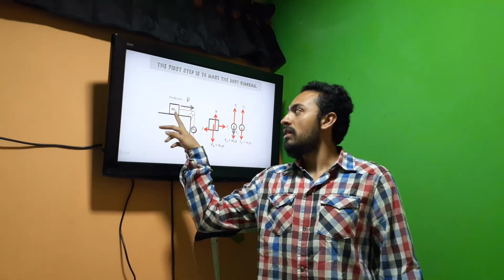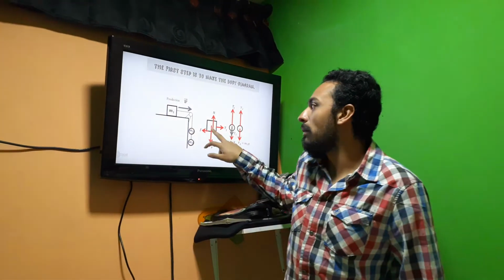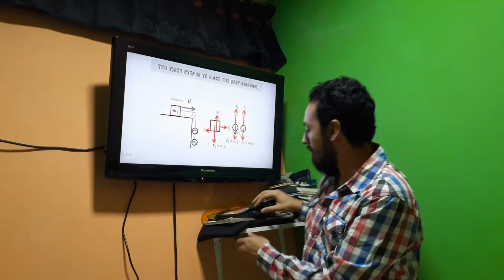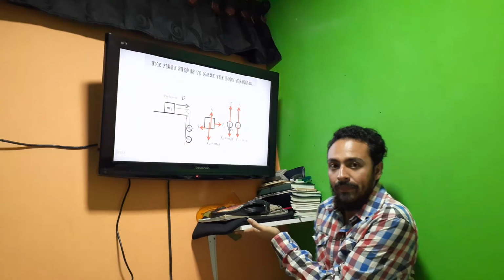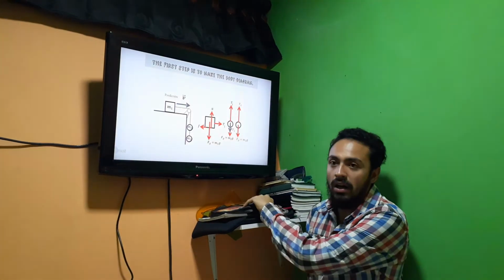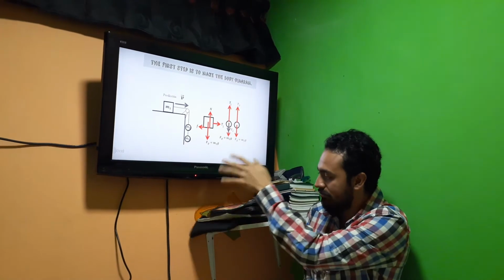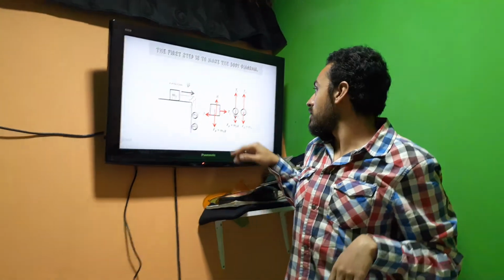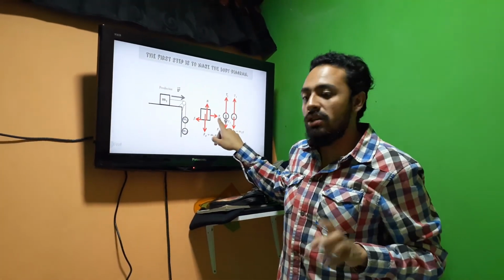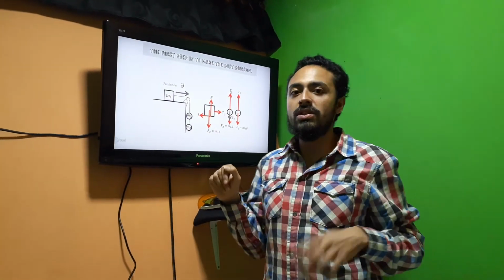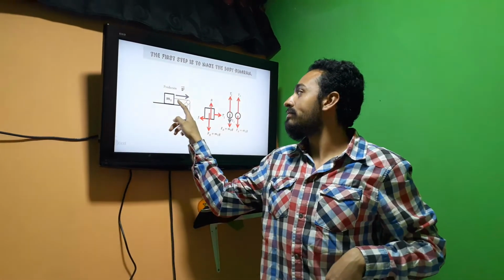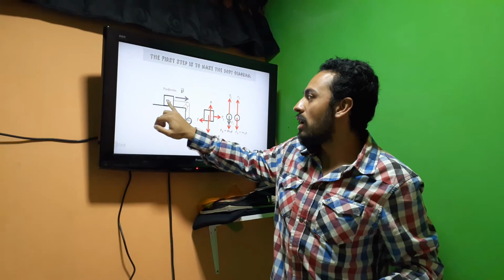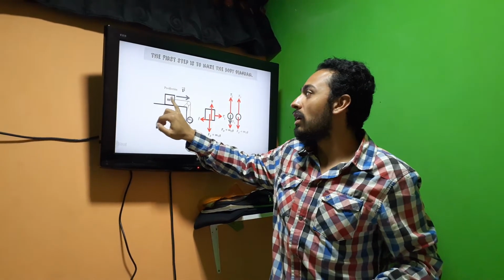For example, this is body one. This is a normal force, for example, the table exerts a force on a book. The second force is the tension, the force by the rope on body one.